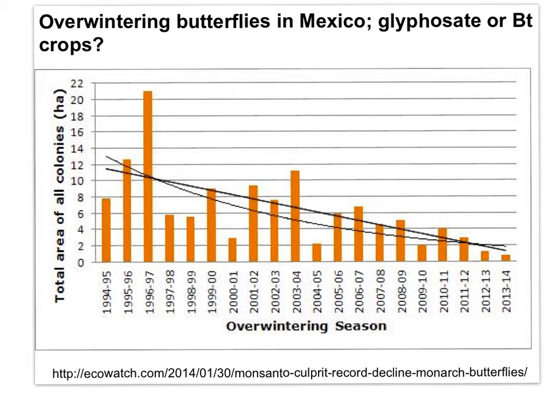Now, the explanation for the monarch decline in Mexico may well be Bt crops, but we must be cautious in our conclusion. The monarch decline could also be habitat loss, as a herbicide known as glyphosate reduces the frequency of milkweed plants, and milkweed plants are a natural habitat for monarch butterflies.